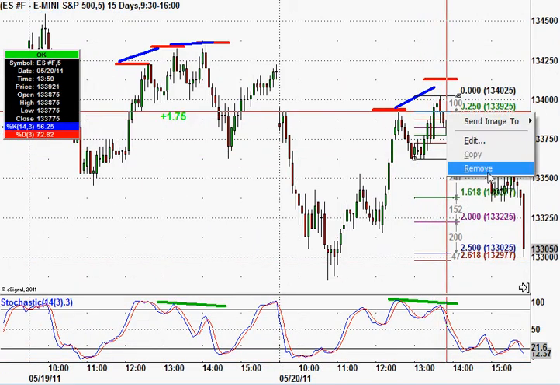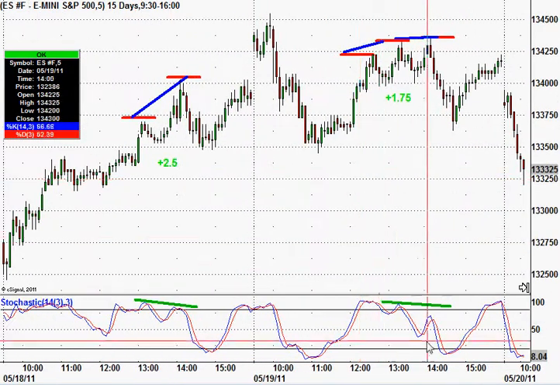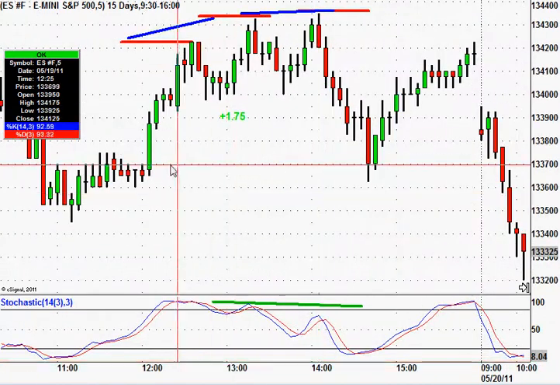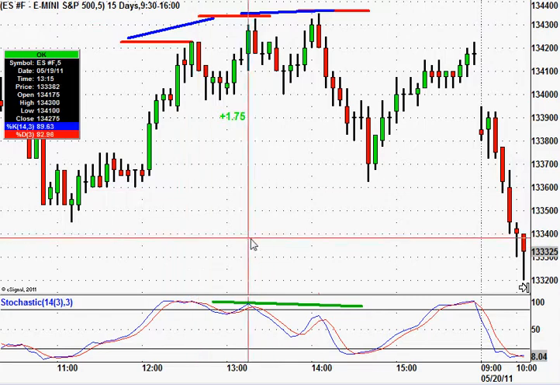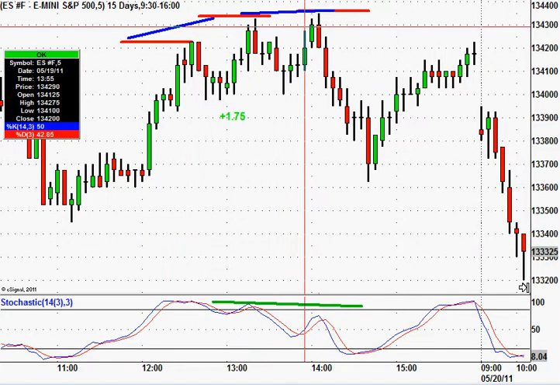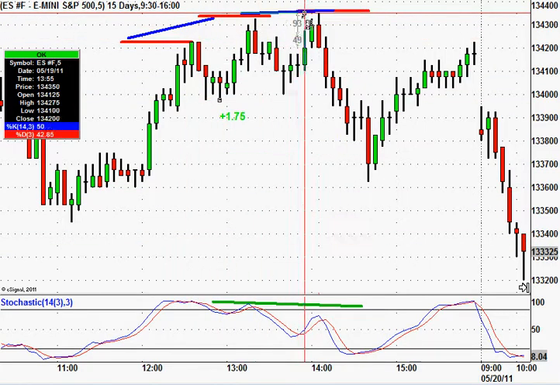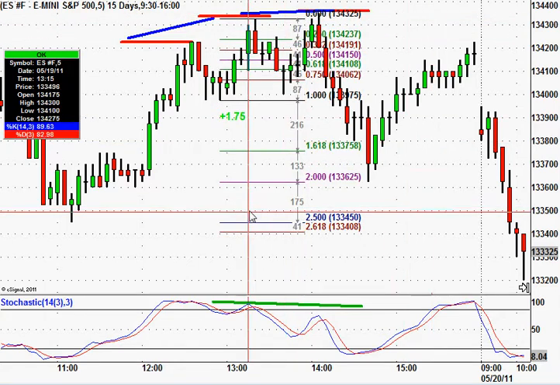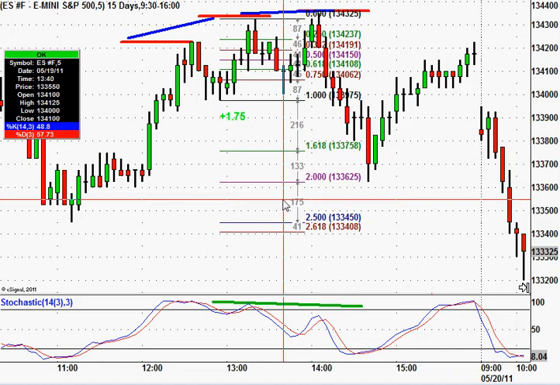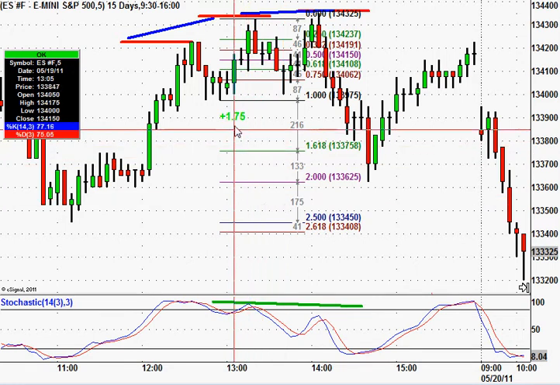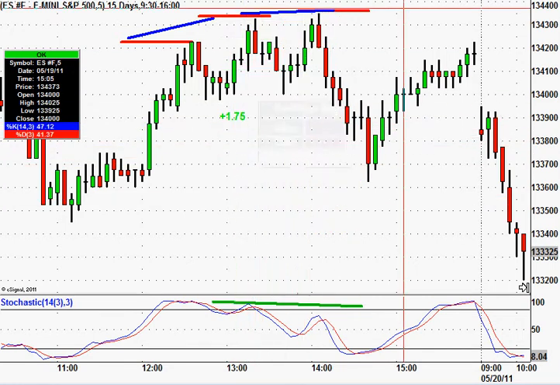So taking this off. In this one, as you can see, higher high, stochastic is lower, and you do the retracement. You can enter on this one and exit on the next 5 minutes. You would have gained 1.75 handles.